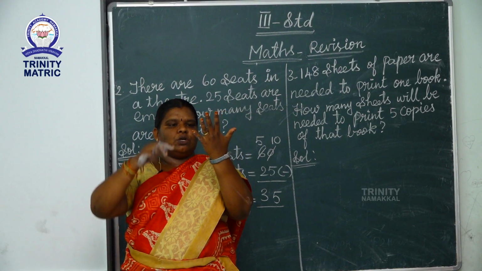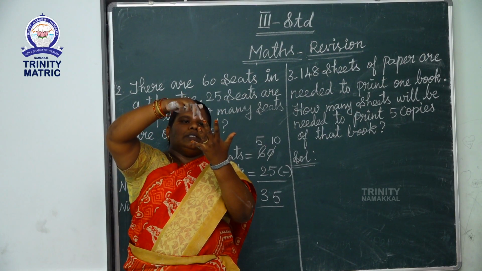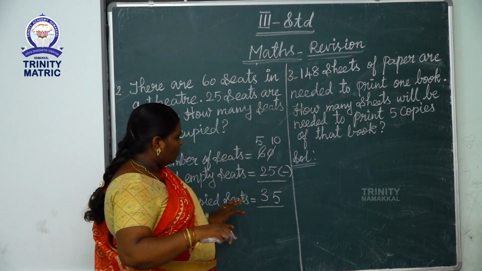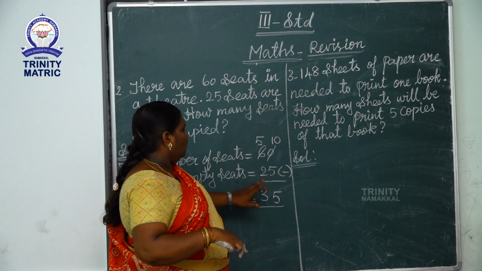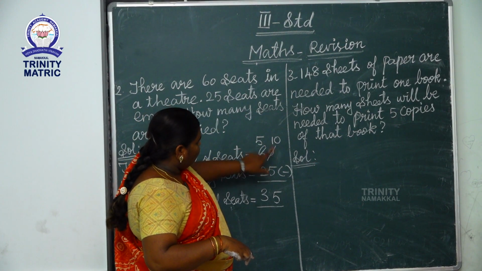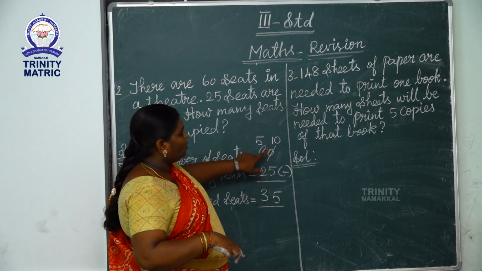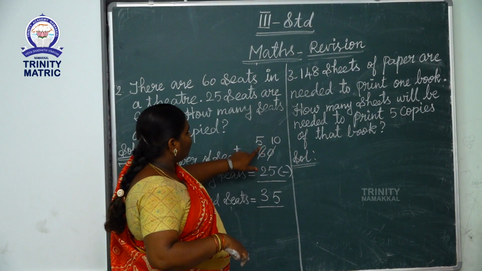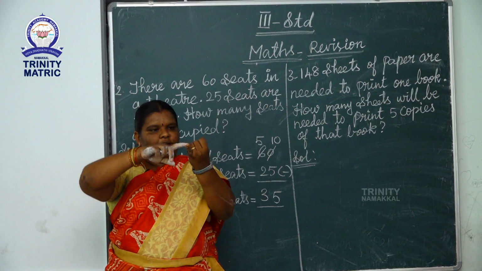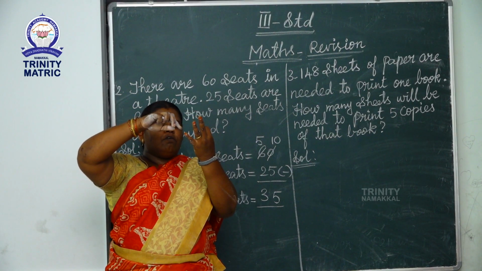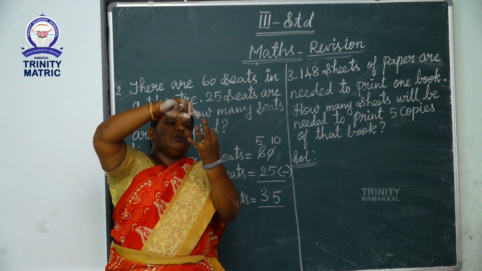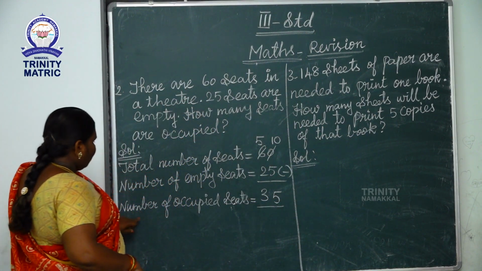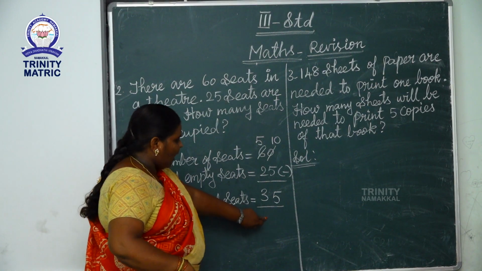How many fingers? 1, 2, 3, 4, 5. You write 5 in the ones place. Already you gave one from the tens place, so you have 5 only here. The down number is 2. You say 2 after, up to 5. 2 after 3, 4, 5. How many fingers? 1, 2, 3. So you write 3 in the tens place. So the number of occupied seats is 35.